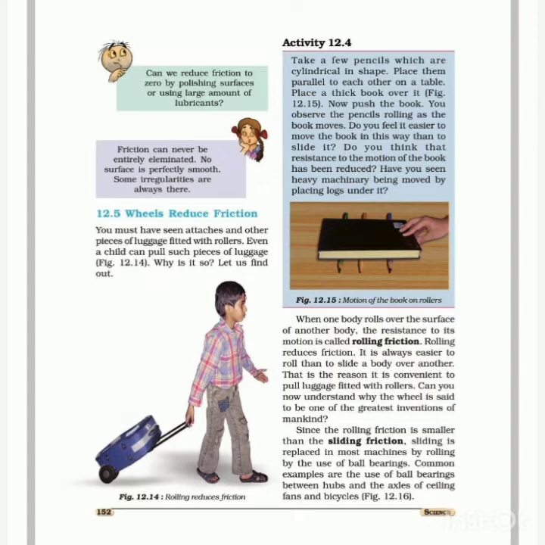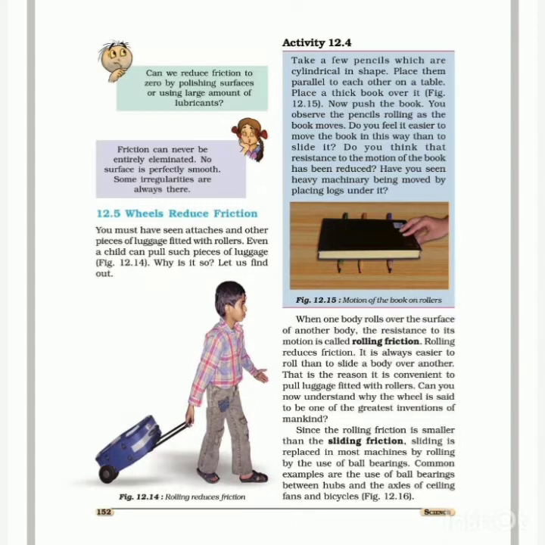Let us find out. When one body rolls over the surface of another body, the resistance to its motion is called rolling friction. What is meant by rolling friction? When one body rolls over the surface of another body, the resistance to its motion is called rolling friction. Look at the picture, the rolling reduces the friction.